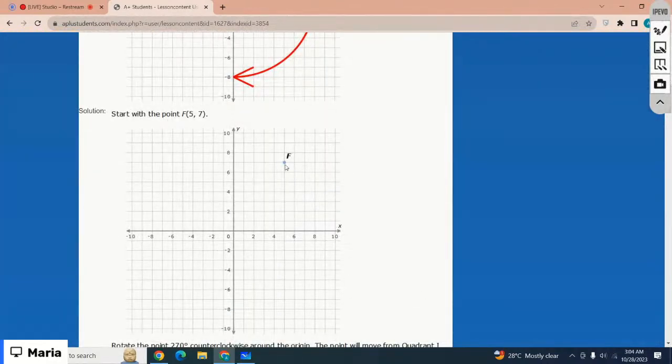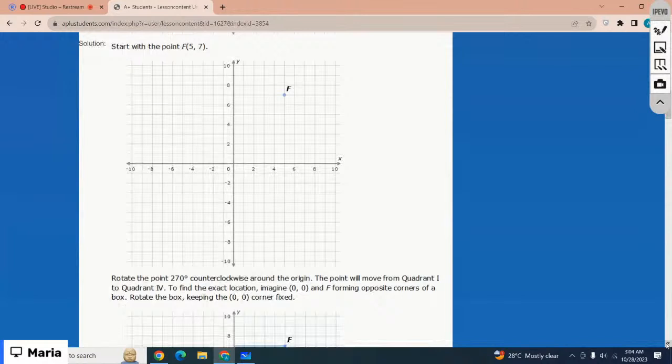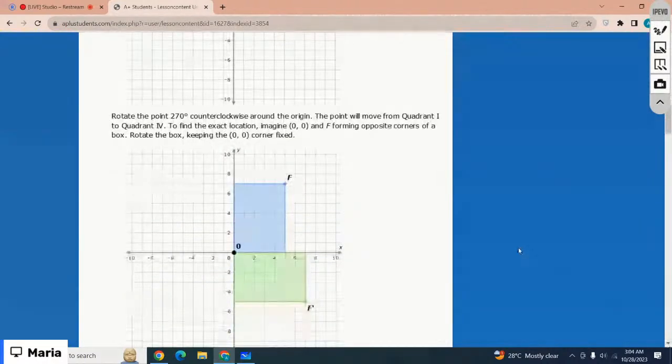Here is the point F(5, 7), right? You have to rotate the point 270 degrees counterclockwise around the origin. The point will move from the first quadrant to the fourth quadrant. To find the exact location, imagine (0, 0) and F forming opposite corners of a box, right?